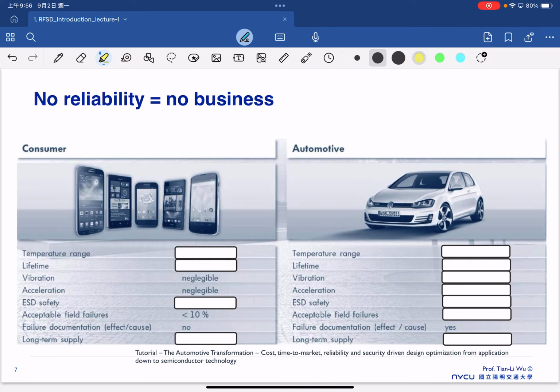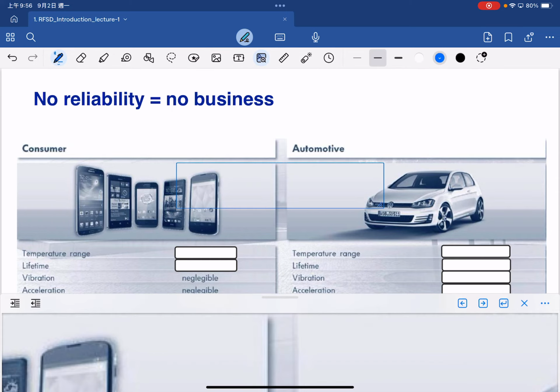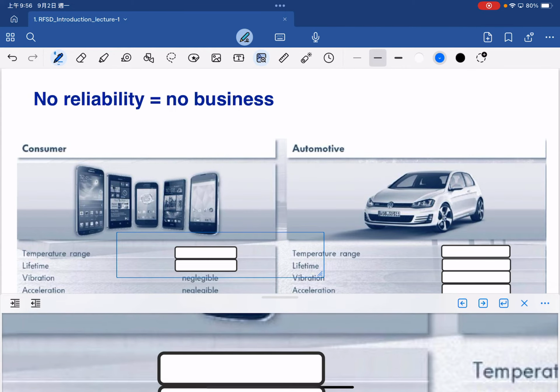On the left-hand side is the typical consumer electronics that we use, such as the cell phone, iPad, or laptop. In the case of the consumer, the temperature range we expect is just around 0 to 40 degrees Celsius.